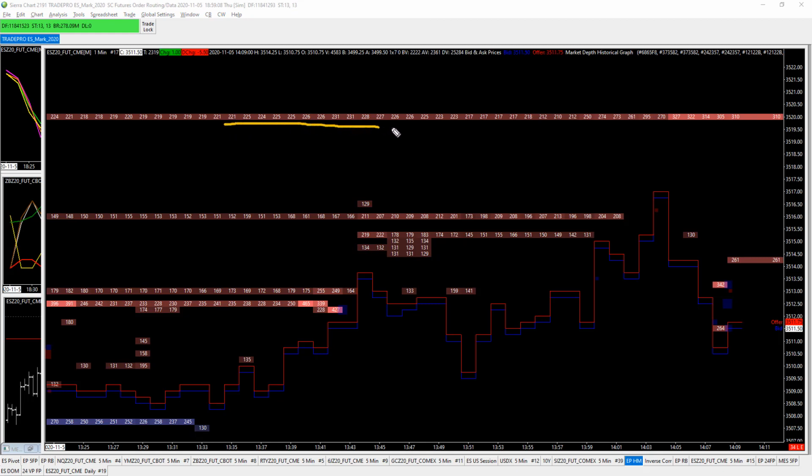It wasn't shaded very lightly, very light red, but you can see that as the market traded towards that level, the sell offers actually increased, which is a sign that there's likely going to be a wall at that level. As the market's trading towards it, if the inventory at this level is increasing, that's generally a sign that we might see somewhat of a reversal from that level.